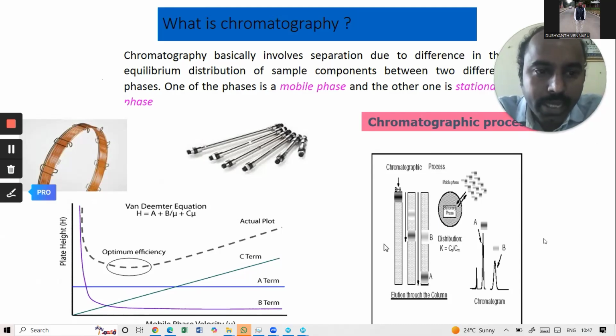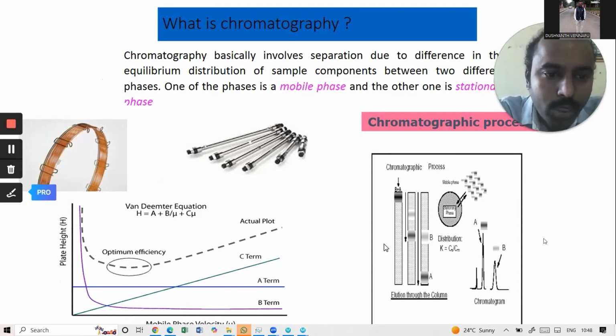Suppose you use a polar stationary phase and a non-polar mobile phase, and you have a non-polar analyte; now all your non-polar components will be eluted first and all the polar components will be retained onto the stationary phase. Conversely, if you have a non-polar stationary phase and a polar mobile phase, all your polar components will dissolve in the polar mobile phase and will get eluted. So that means like dissolves in like.